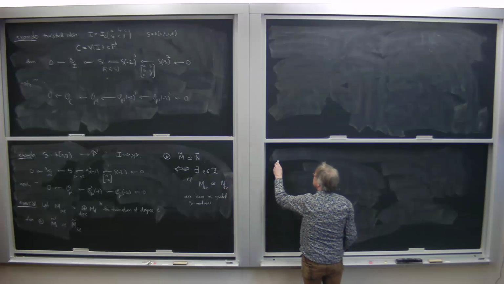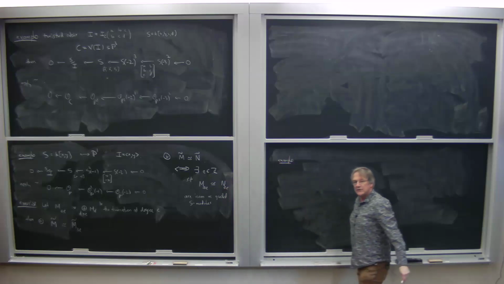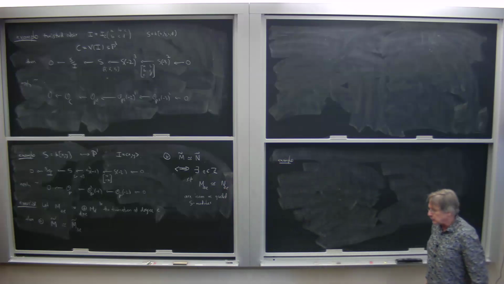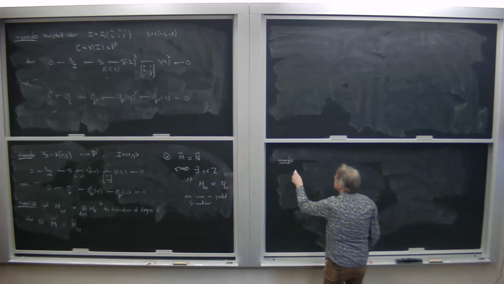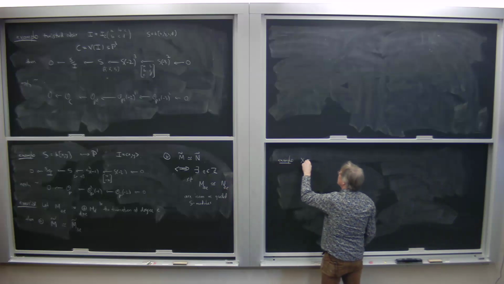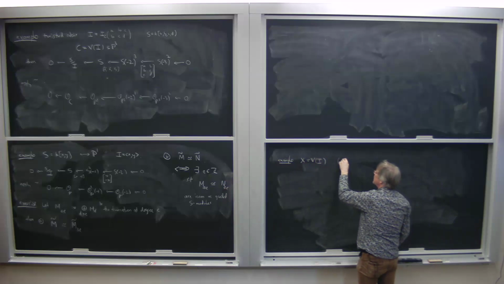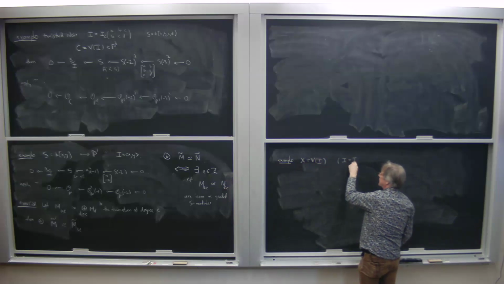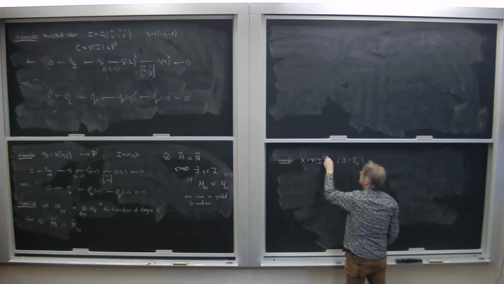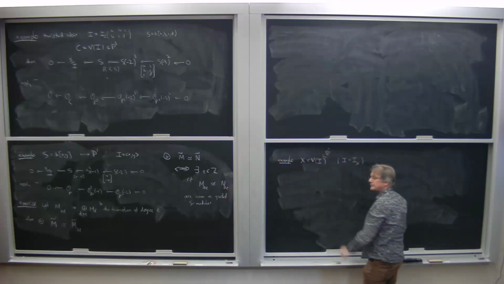So here's another example which we can't quite prove yet. Not sure we will prove it in this course, but let X be the zero set of I, but what I really mean is that I is equal to the ideal of X, sitting inside of projective space.